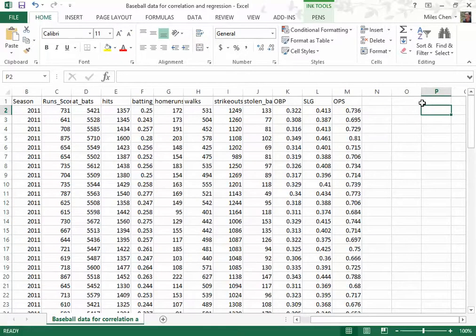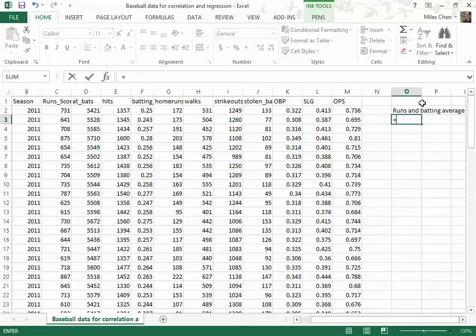Do you think higher batting average goes with more runs scored, or with lower runs scored? Yeah, so we're going to see a positive number, right? And do you think the relationship is strong or weak?